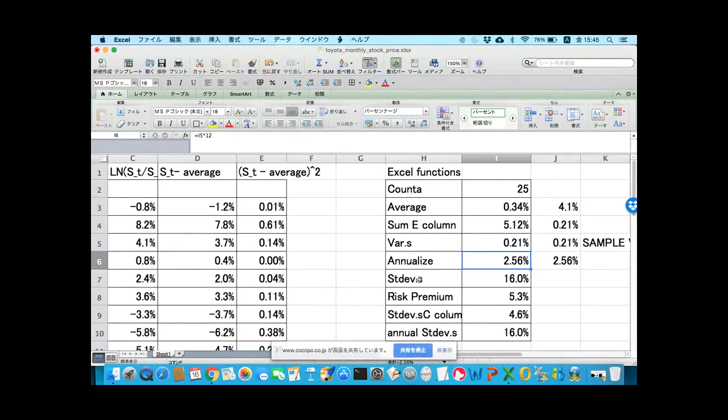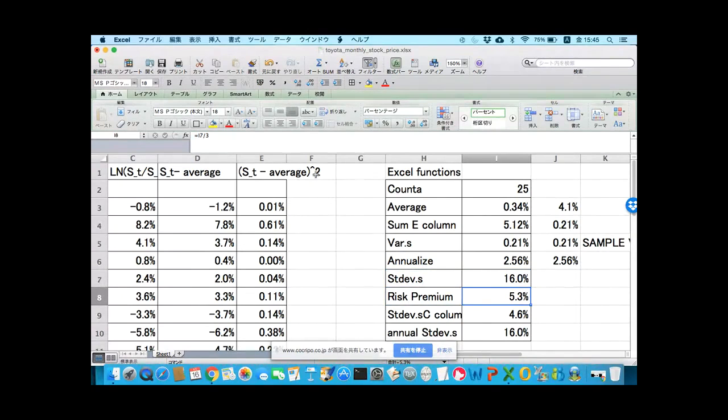We finally get the standard deviation on a sample basis. So how do we get the standard deviation on a sample basis? It's just the square root of variance, right? So we get the variance and then we take the square root. So the result for the Toyota Motors stock price growth rates, the annualized sample standard deviation, is 16%.